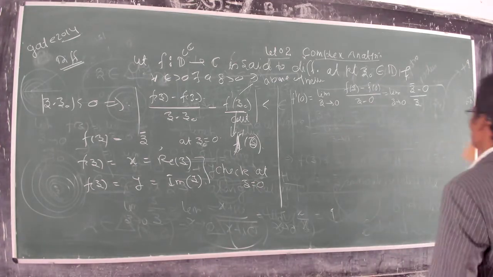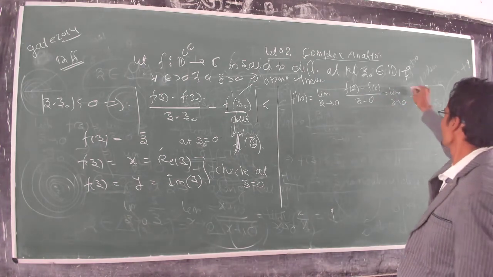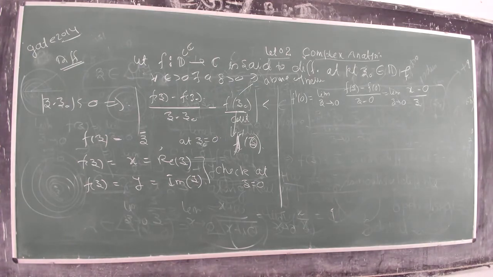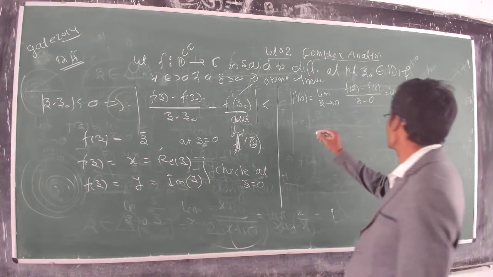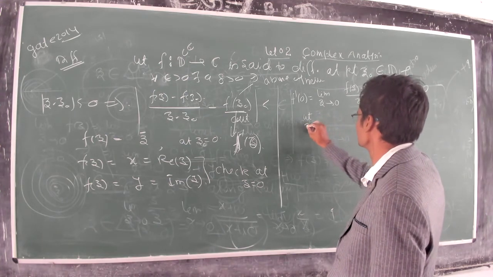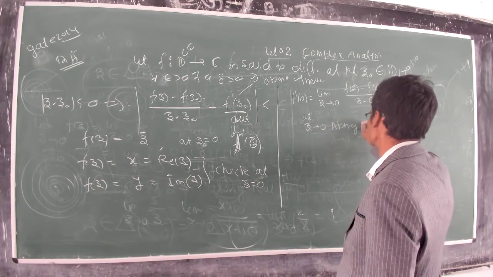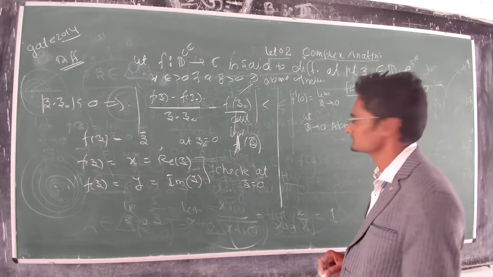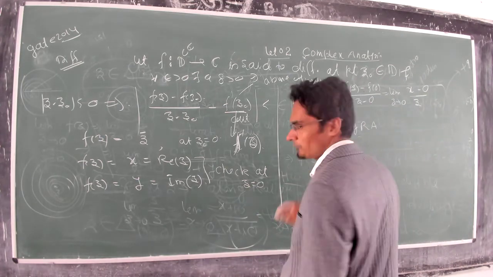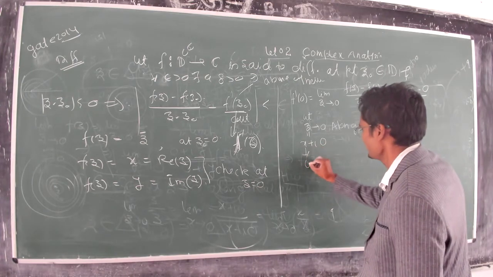So what will you get? x minus 0 over z. Okay. Along the real axis, z will be x plus i0. This is sufficient, x tending to 0.